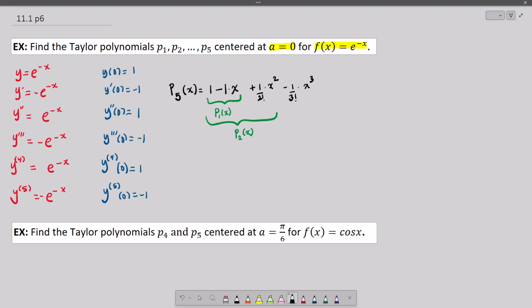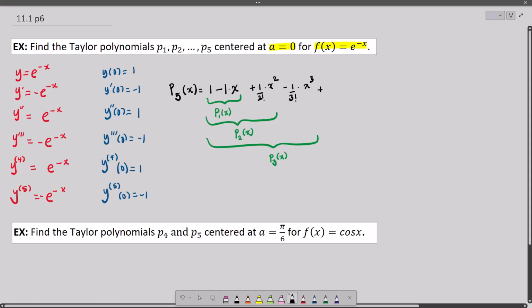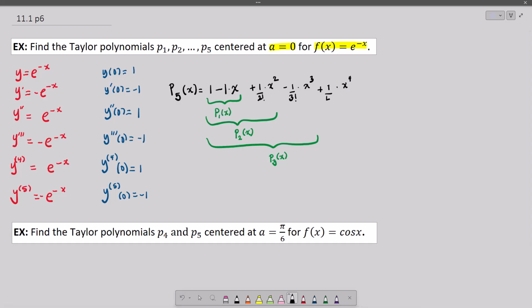So that takes us to P sub 3. For P sub 4, we go to the 4th derivative. We get plus 1 multiplied by x to the 4th divided by 4 factorial. So that's P sub 4.